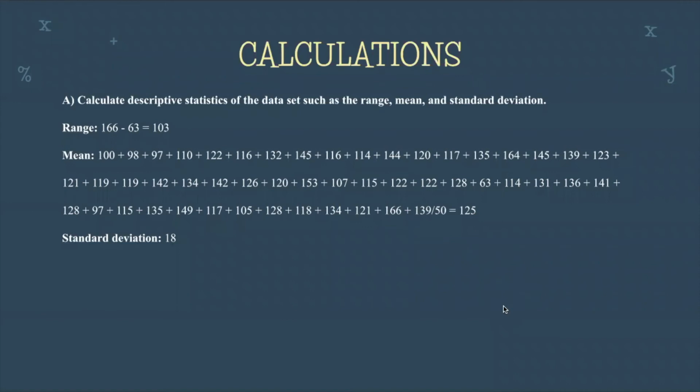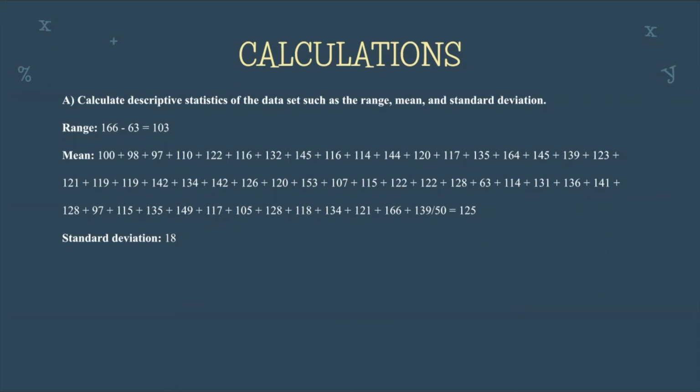So for calculations, part A, I was supposed to calculate the descriptive statistics of the data set, such as the range, mean, and standard deviation. For the range, I subtracted 63 from 166, and that led me to 103.